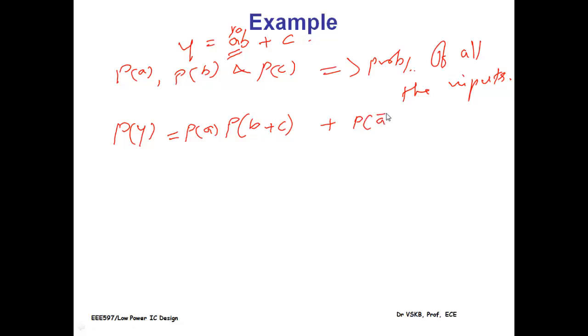So P of A bar, if I put 0 for A, naturally A dot B would go for 0.